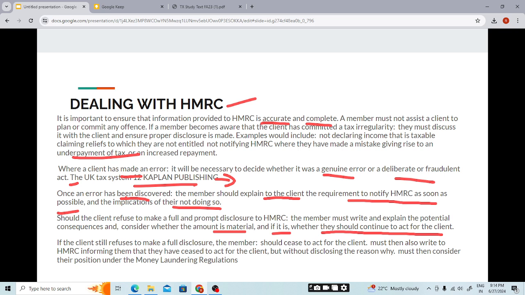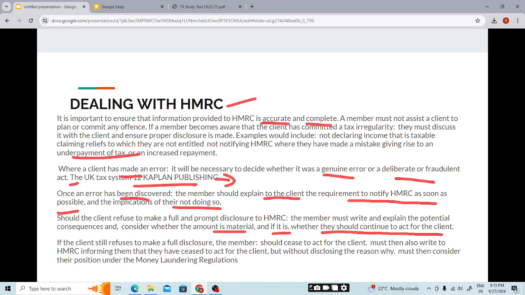And after that, if your client is not disclosing, you need to consider whether the amount is material. If the amount is material, you must request the client to notify the HMRC, and to pay the tax on the income which is pending.